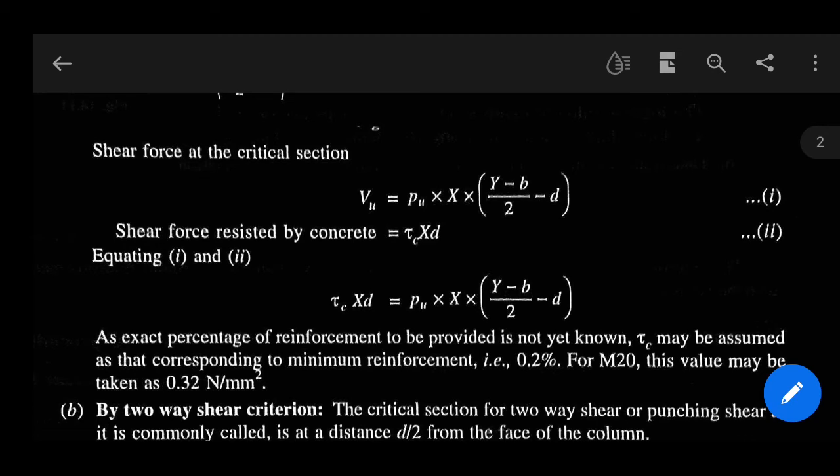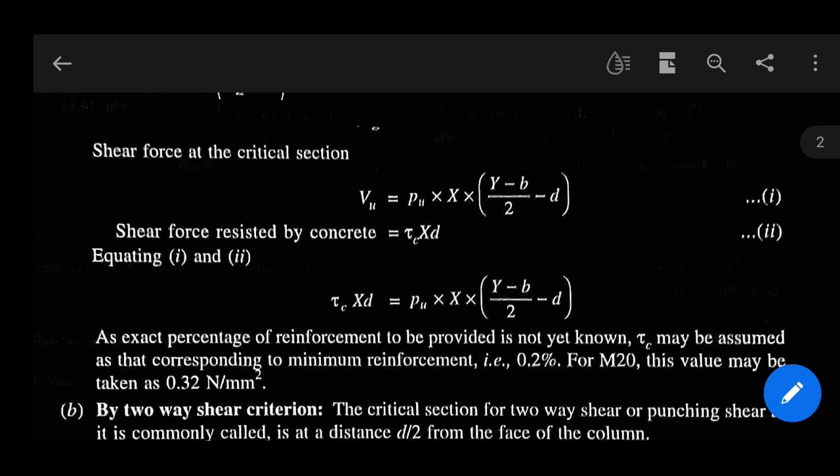If minimum reinforcement we find out or it's given, then we can find the value of tau c from table number 19 of IS 456 2000. If percentage of minimum reinforcement is not given, we can take 0.2%.